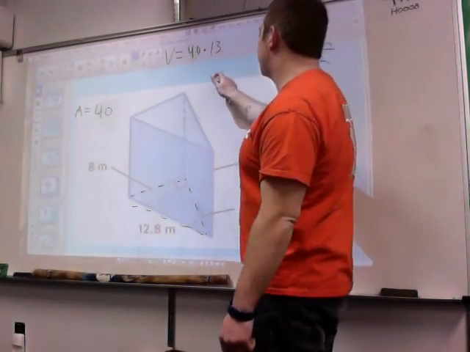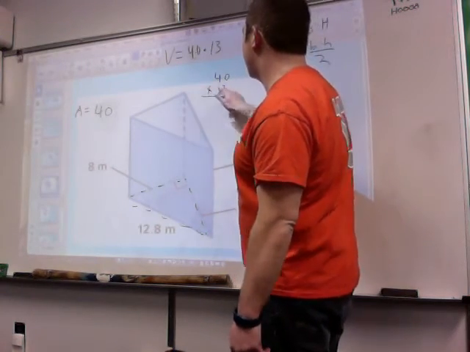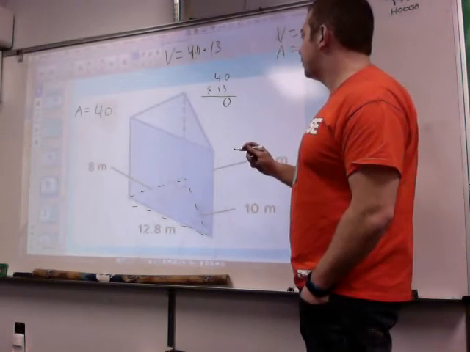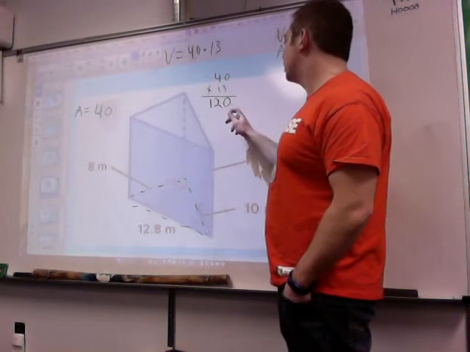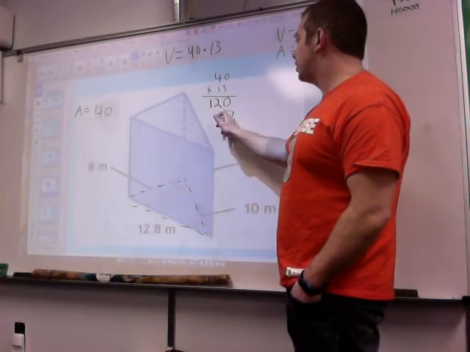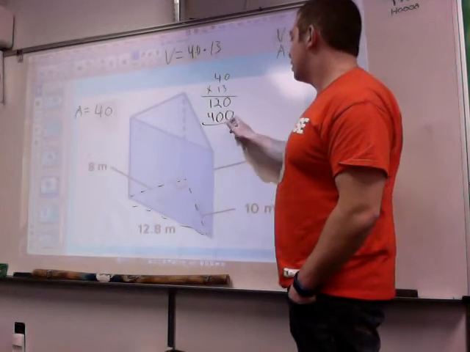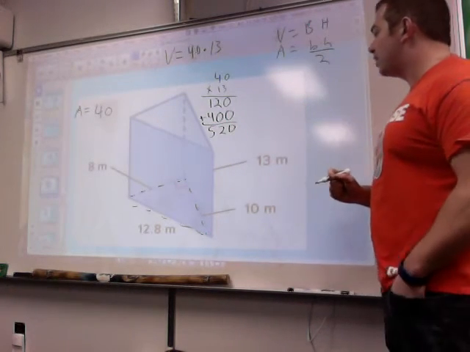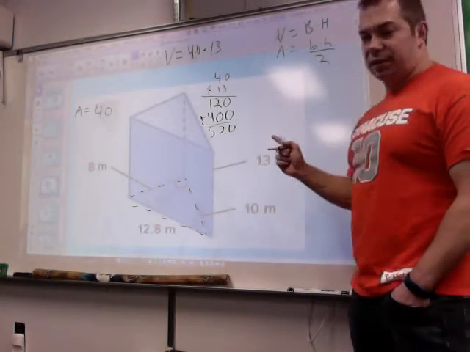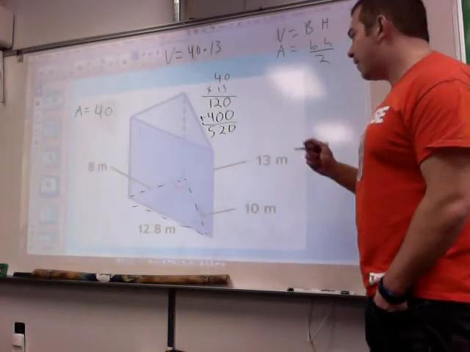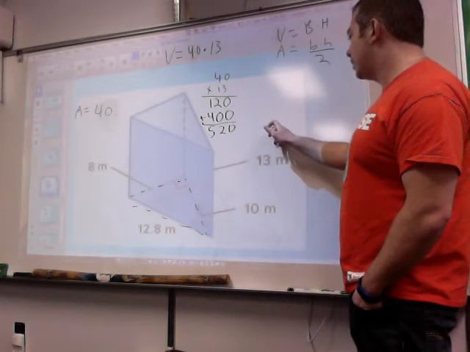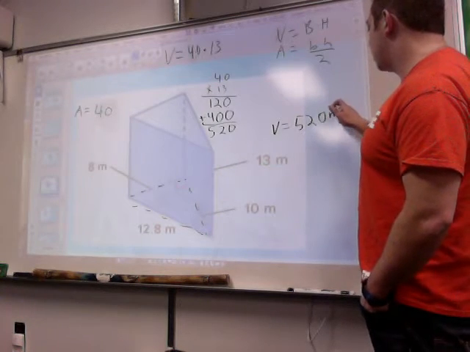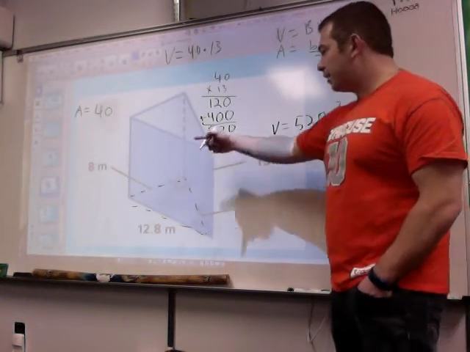So I'm just going to multiply this out, 40 times 13, and get the total volume of this triangular prism. 3 times 0 is 0, 3 times 4 is 12, annex my 0, 1 times 0 is 0, 1 times 4 is 4, and I have a volume of 520 cubic, since this is, remember, 3 dimensions, 520 cubic meters, so it will be listed as volume equals 520 meters cubed for this triangular prism.